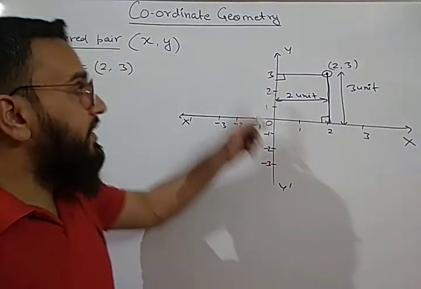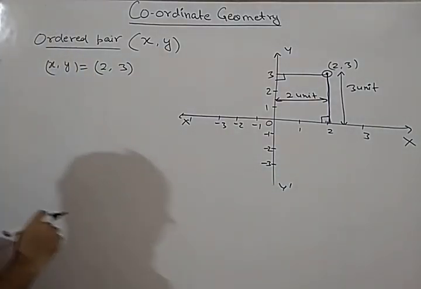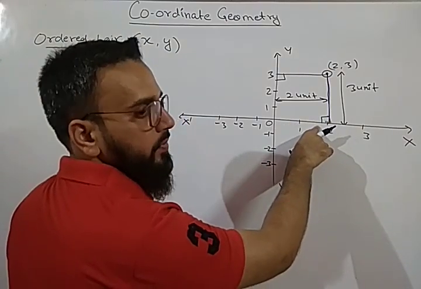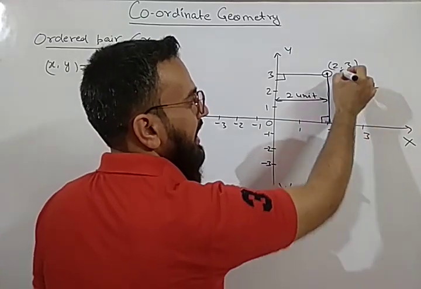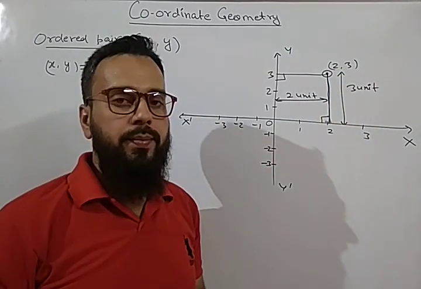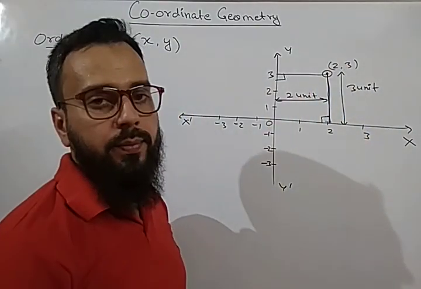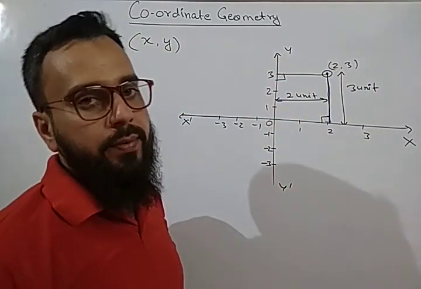It means, what does an ordered pair indicate? The distance from the x-axis is the y coordinate. This distance is 3 units, and 3 is our y coordinate. And the distance from the y-axis is our x coordinate.